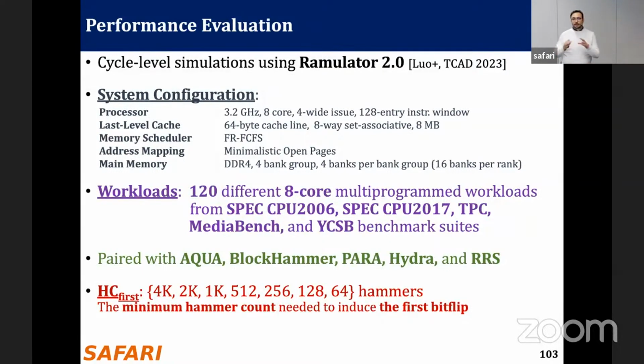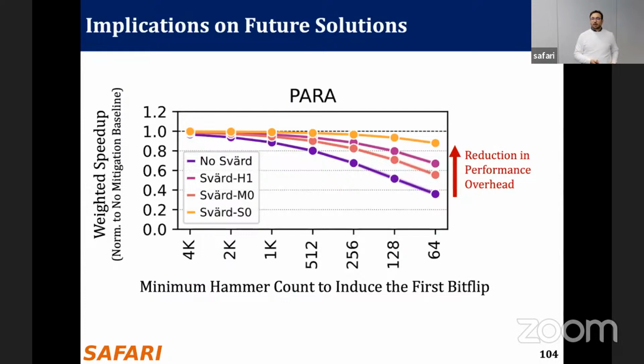So we get the distribution of HC first values in a DRAM bank, and we scale it down to lower thresholds, assuming that the variation will be similar when we go for lower hammer count thresholds. And based on that, we estimate or project the performance implications of our mechanism.